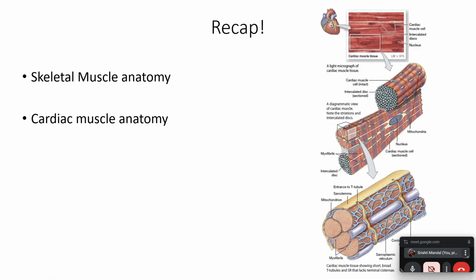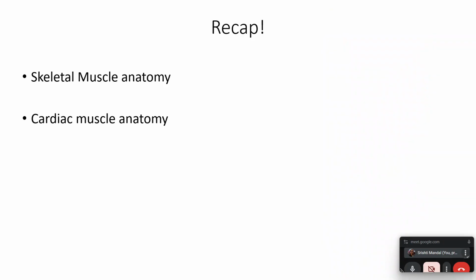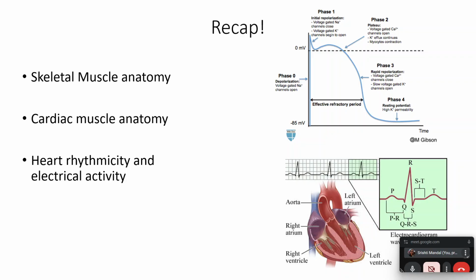This enhances the electrical connectivity within these cells that allows the heart to beat and maintain its rhythmicity by conducting electrical charge across the various heart tissues, right? So then, of course, we talked about heart rhythmicity and electrical activity.